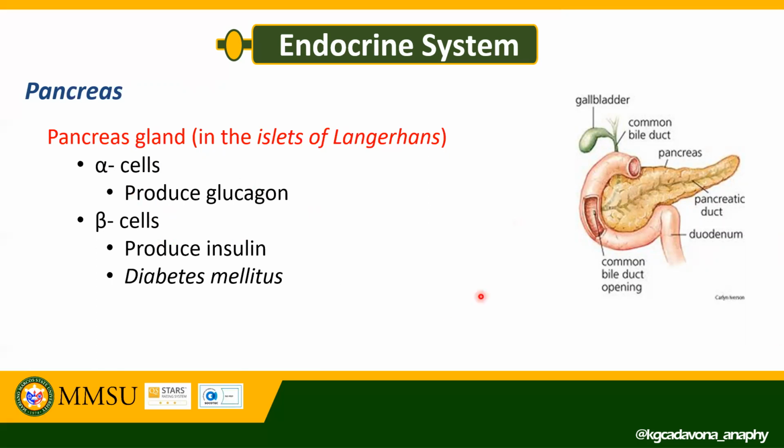The alpha cells of the islets of Langerhans secrete glucagon, which is mainly responsible for increasing blood sugar level. Glucagon also causes liver cells to break down glycogen to release glucose, since glycogen is the storage form of glucose.